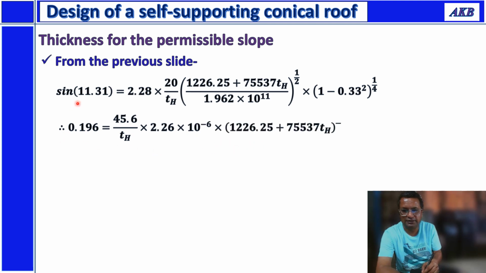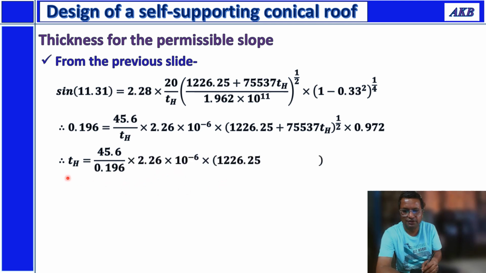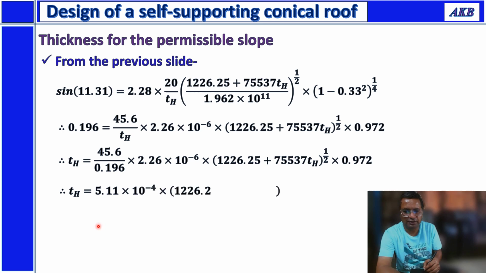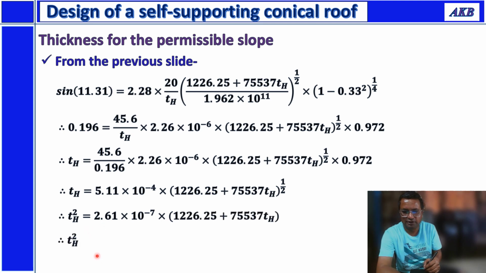So sin 11.31 is 0.196. After putting all the values, you'll be getting the equation. You just have to simplify it to get the value of th. So if you simplify it, you'll be getting a quadratic equation in th.